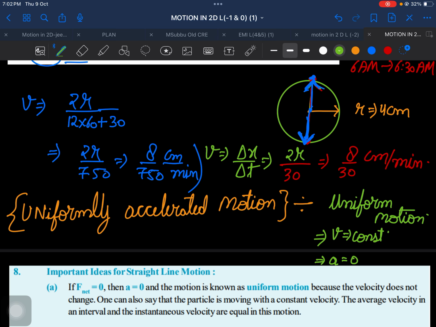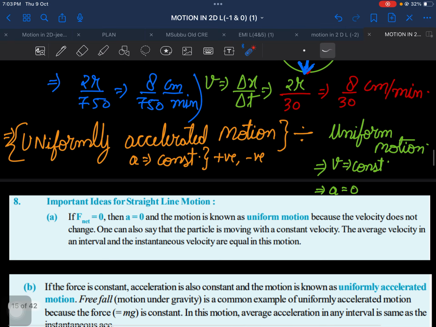But in case of uniformly accelerated motion, your acceleration is equal to constant. It may be positive or negative, right? So there is a slight difference between uniformly accelerated motion and uniform motion. I hope this thing is very much clear to you. So that's written here also.